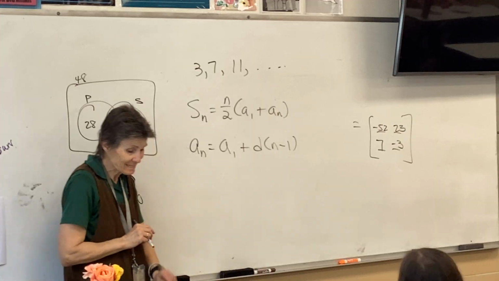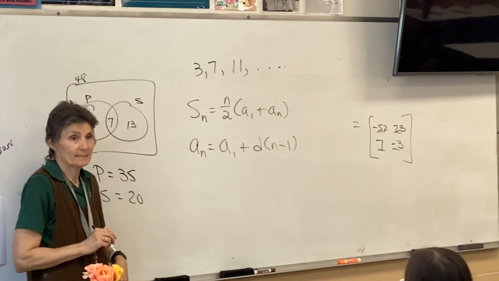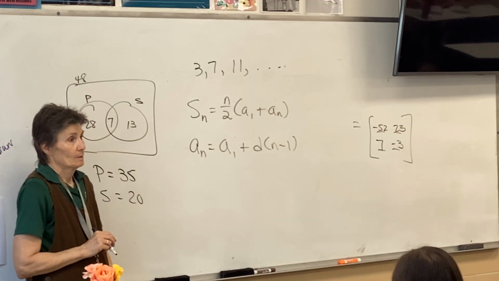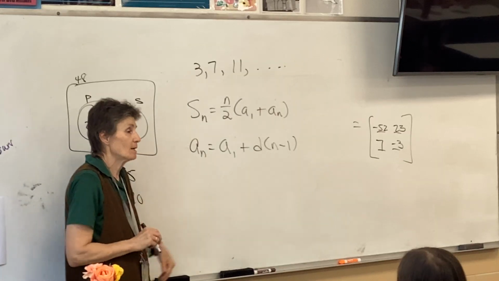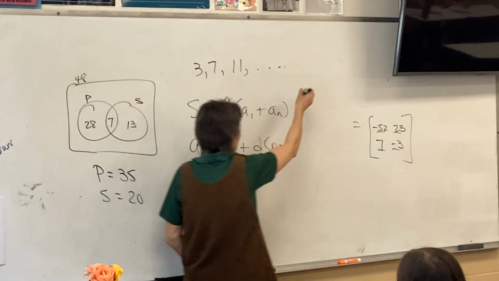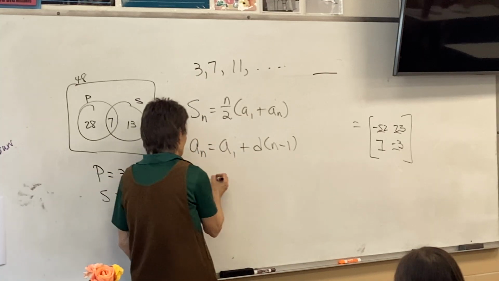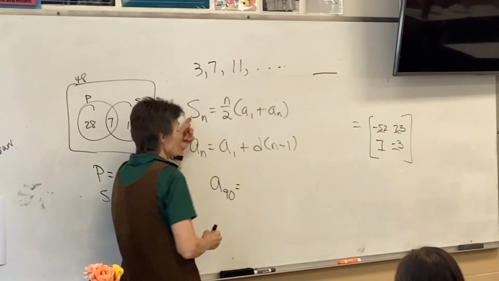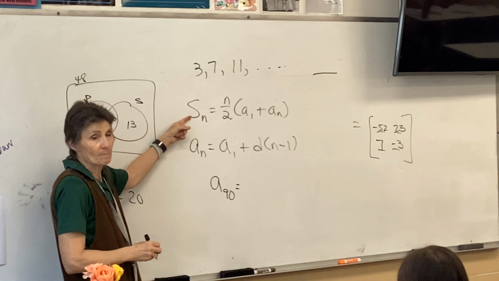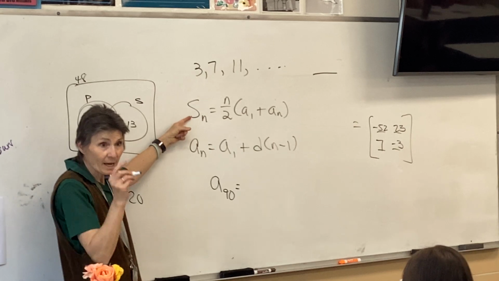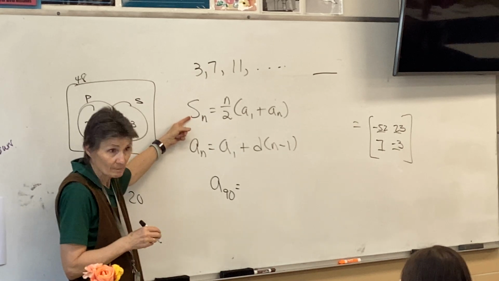How many did she do on day 90? Which of these formulas is going to tell me the 90th number in that list? A sub 90. What does this one do? If the question said, how many did she do altogether?